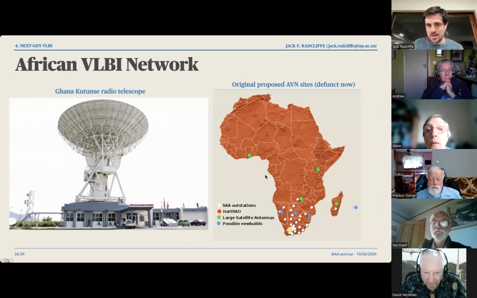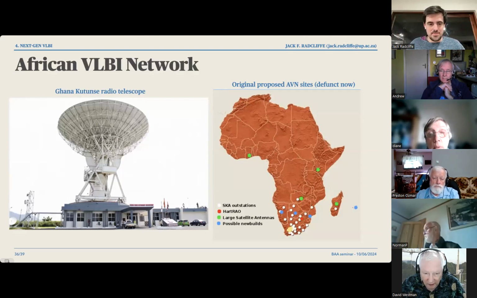On the right-hand side, this was the original envisagement of the African VLBI Network. It hasn't really got off the ground for a couple of reasons. There was a general unwillingness to give money to telescopes, but also, some places found that converting large satellite antennas was more costly than they first thought.